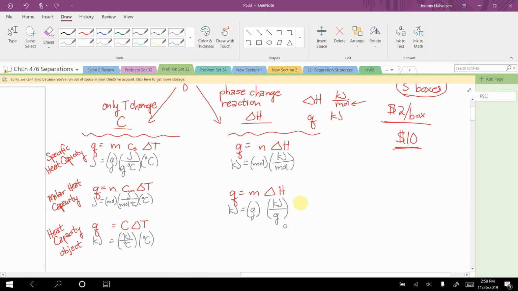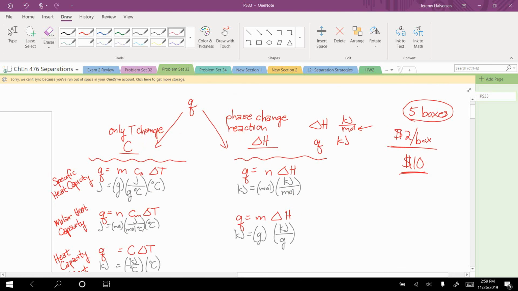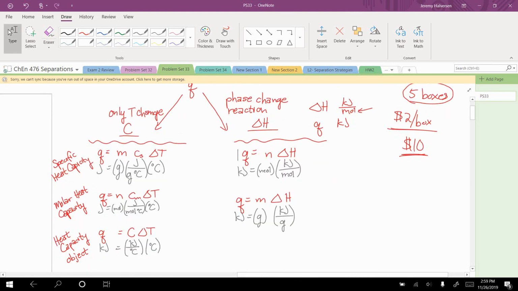So these are the two types of equations, or you could say the 5 equations that we will use to calculate heat. As much as you might disagree with me, these are the only equations that we have ever used to calculate heat. Everything we've done has fallen into one of these equations.